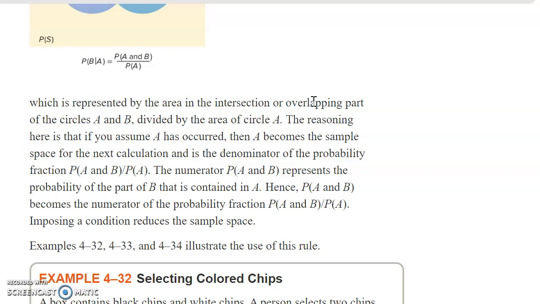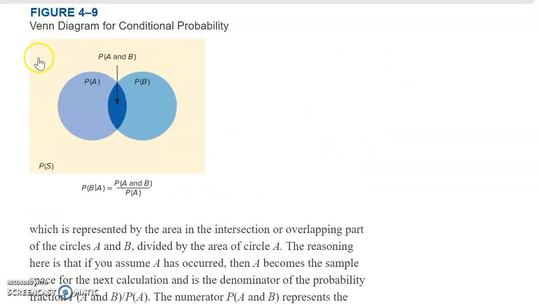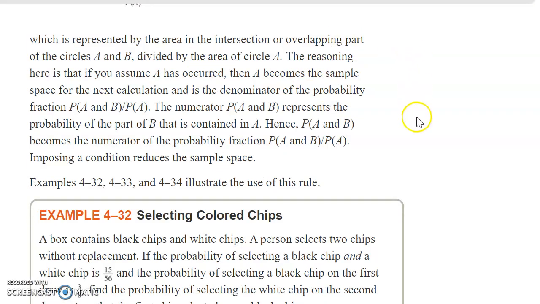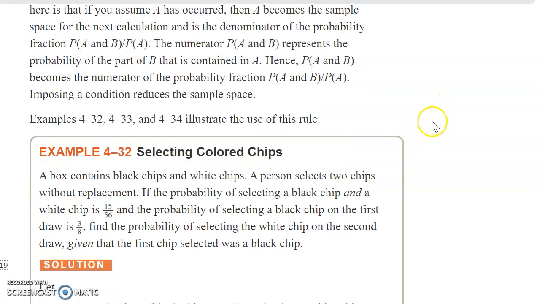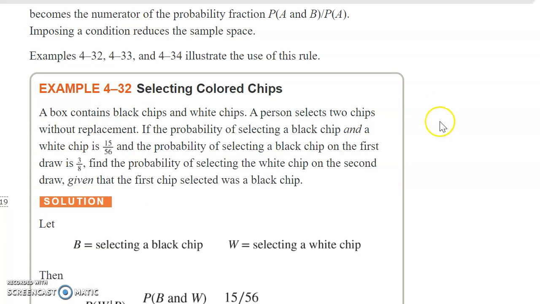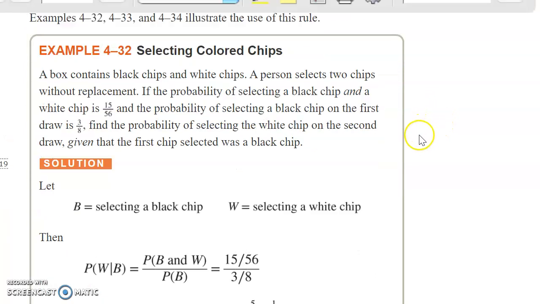The numerator, P of A and B, represents the probability of the part of B that is contained in A. So see, there's an intersection here. These guys right here, they're in B, but they're also in A. They're in the intersection. So the probability of A and B becomes the numerator of the probability fraction, and that imposes a condition that reduces the sample space.